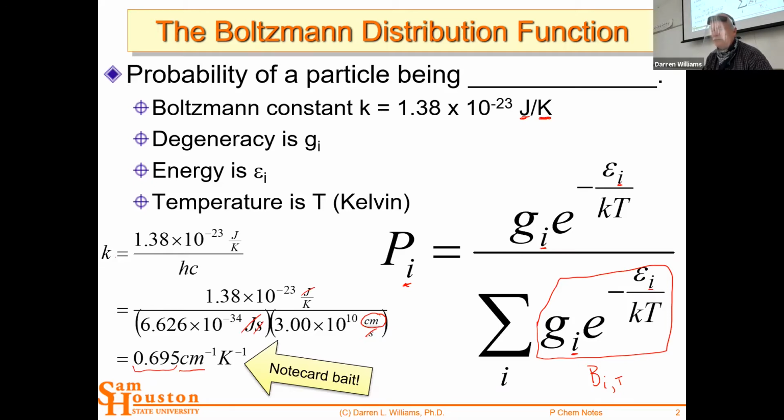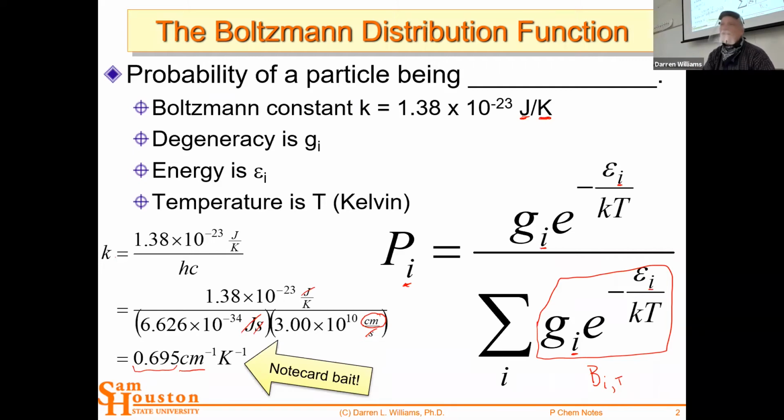Now, you could take the long road and you could take those wave number values and convert them to joules, all of them. And then they would be tiny, like 10 to the minus 15 joules. And then use Boltzmann's constant, it's 10 to the minus 23 joules, and do all of those with all that scientific notation. And you're likely to screw something up because you have all these times 10 to the minuses.